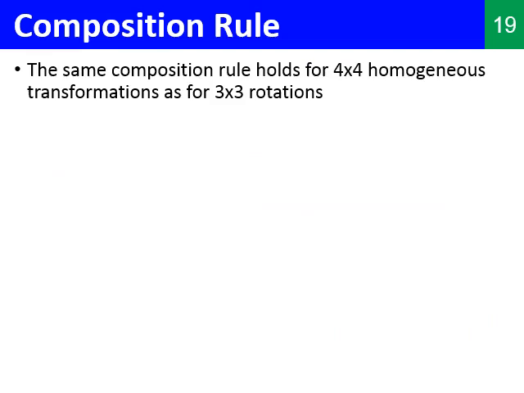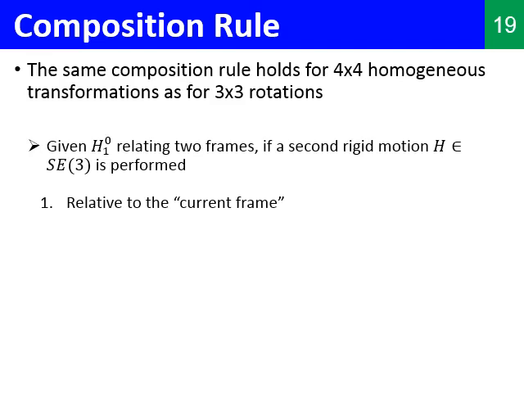Similar to 3x3 rotation matrices, the same composition rule applies for 4x4 homogeneous transformations. So let's say we have an H matrix that relates two frames, and if we perform a second rigid motion H relative to the current frame, what we would have is H02 equal to H01 times that rigid motion, and since we are dealing with the current frame, we will have post multiplication.